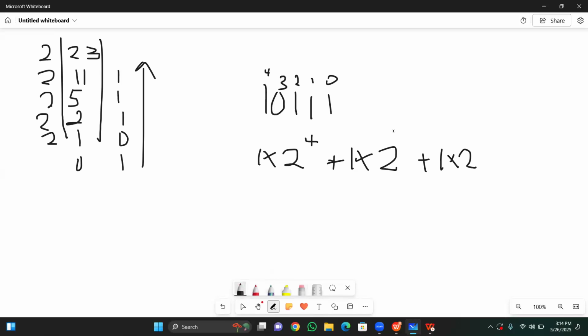Then the next one is raised to power 1, plus 1 times 2 raised to power 0. 2 raised to power 4 is 16. So 16 plus 4 plus 2 plus 1. 16 plus 4 is 20, 20 plus 2 is 22, plus 1 is 23.